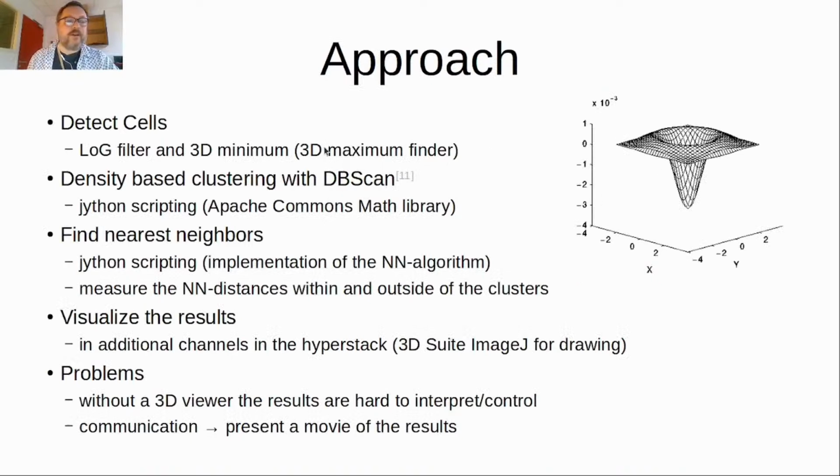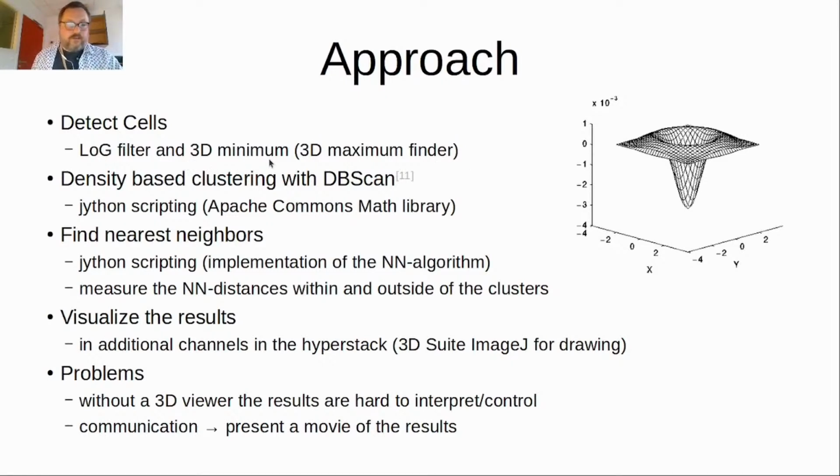The image analysis approach for this is classical. We use a LoG filter and a 3D minimum finder. It's a maximum finder, but we use it to find the 3D minima.